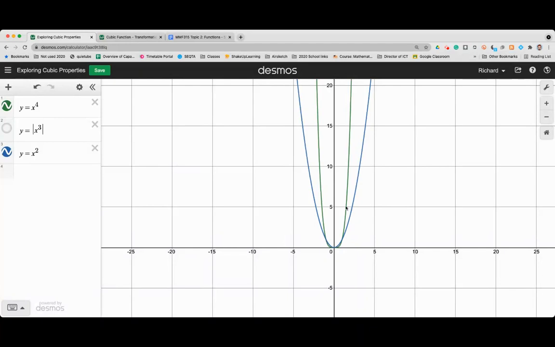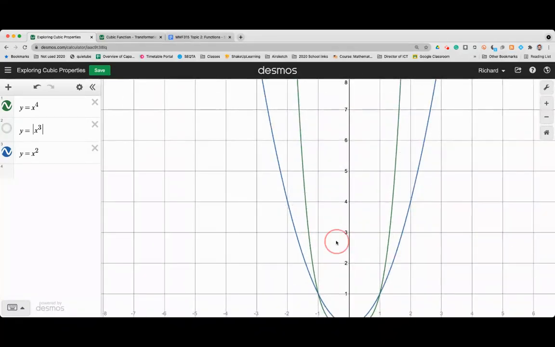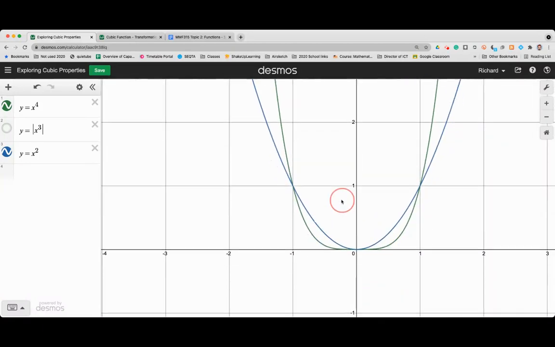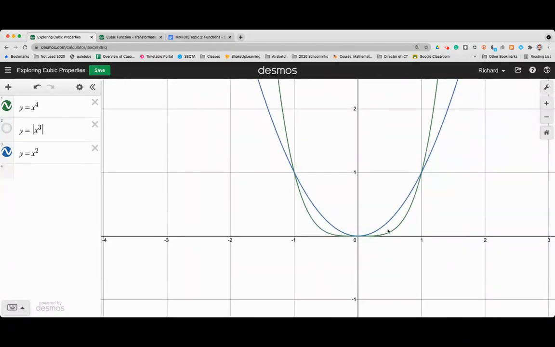Unsurprisingly, it is the same sort of parabolic shape as x squared, but just a lot faster. But when you look close to 1, can you see how it's flattened out? It's actually moving slower than an x squared graph. That's because when you take a fraction and raise it to the power of 4, it's going to be an even smaller fraction.